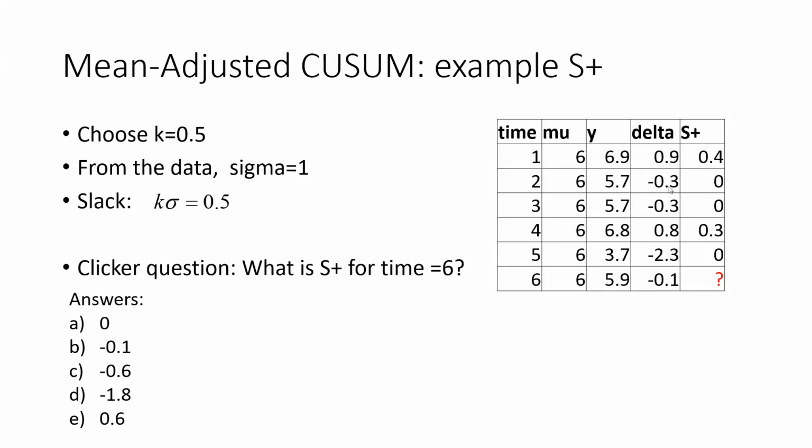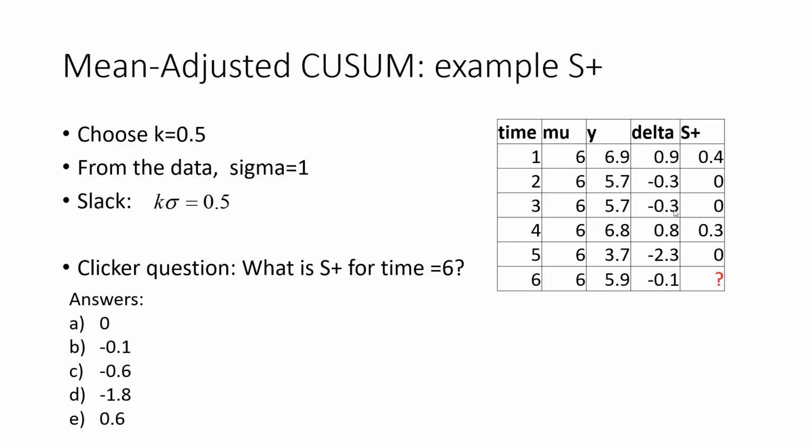Then the next item is minus 0.3. And then we subtract the slack, so minus 0.5, that's minus 0.8. 0.4 minus 0.8 is minus 0.4. And since we can't go lower than 0, there's a 0.